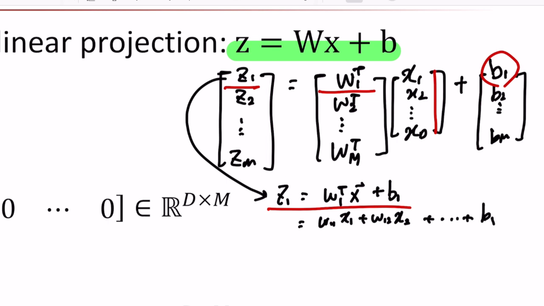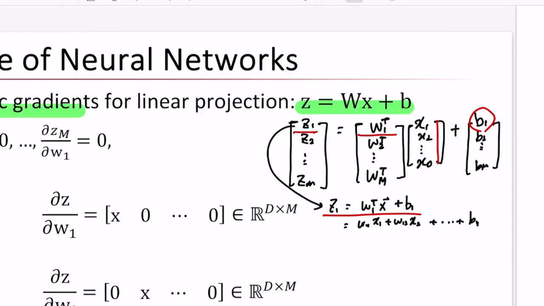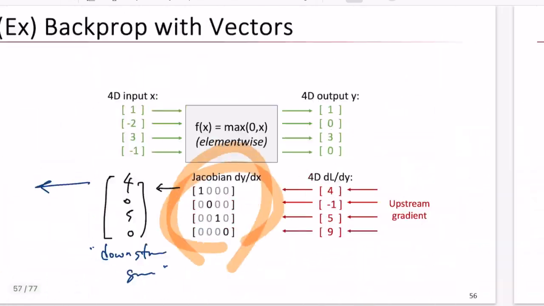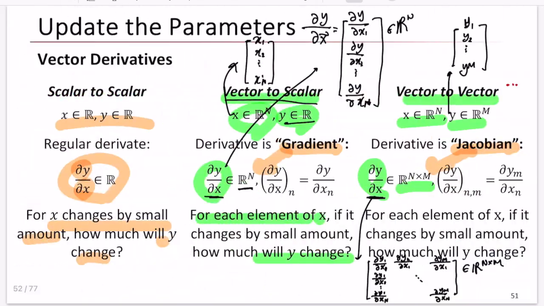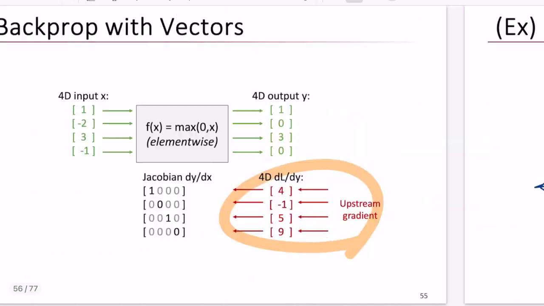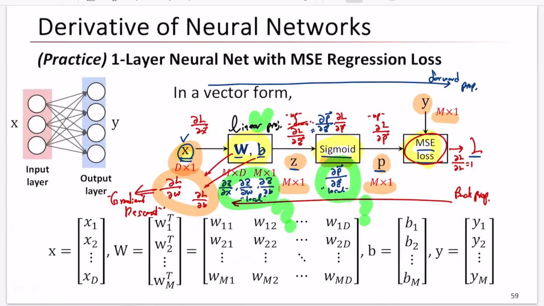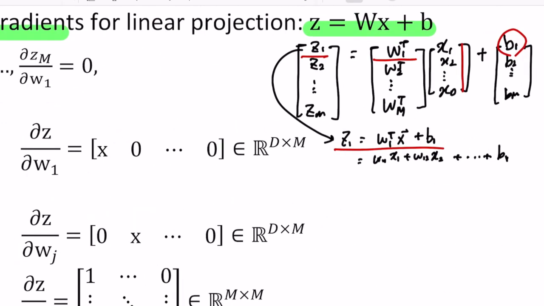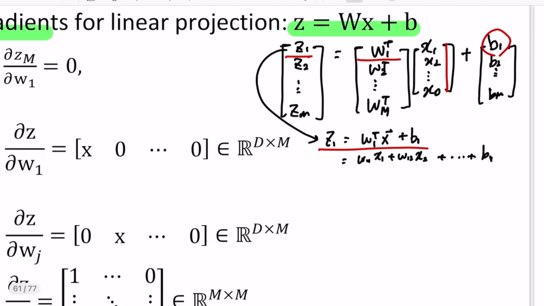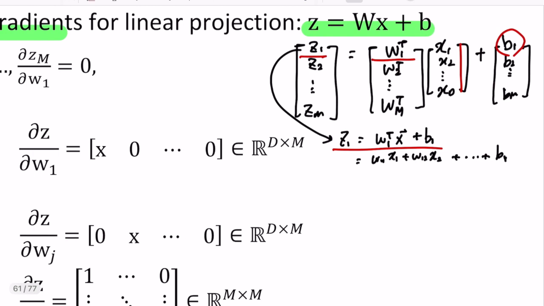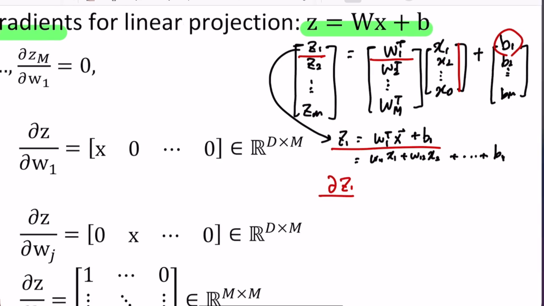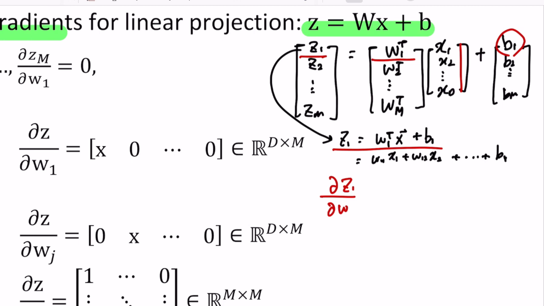Based on the definition of the gradient, for vector to scalar or vector to vector, please remember this one, we can easily derive the local gradient. For example, Z1 over the vector W1.